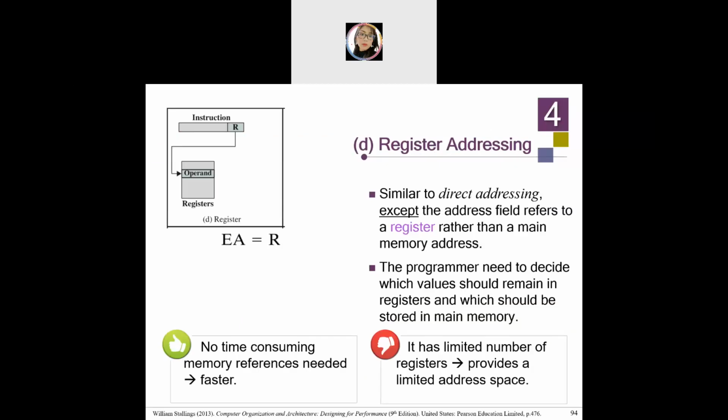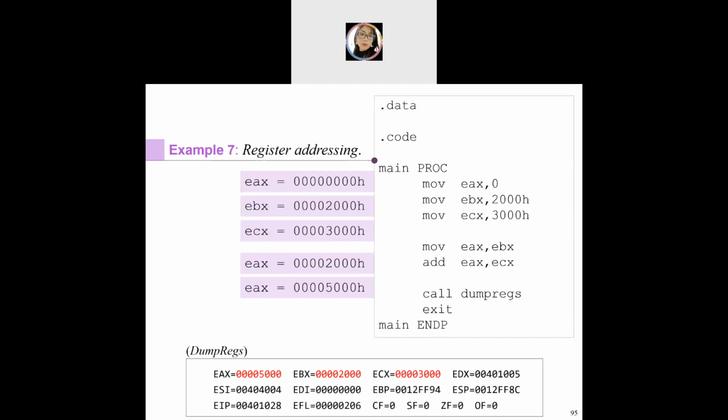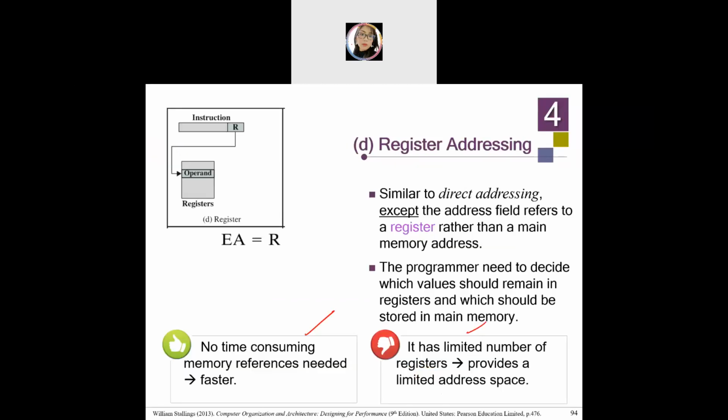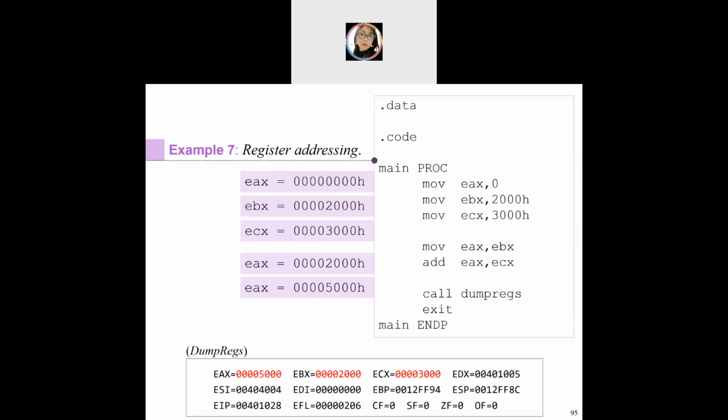For register addressing, you have advantages and disadvantages. I think this one is not covered yet, so maybe I can try to explain here. Let's take a look at example 7. If I already discussed it, it's okay, it's just a recap. Under register addressing, this is an example of the code.